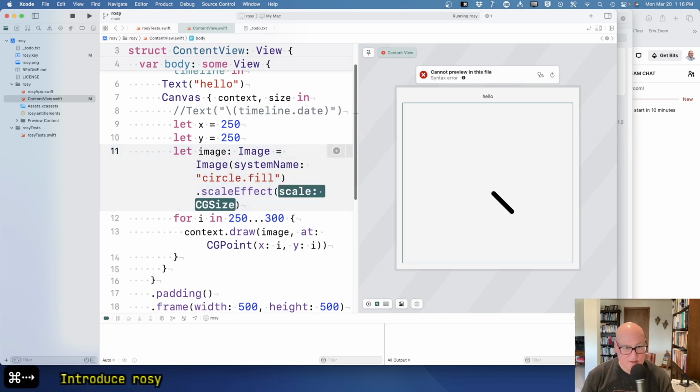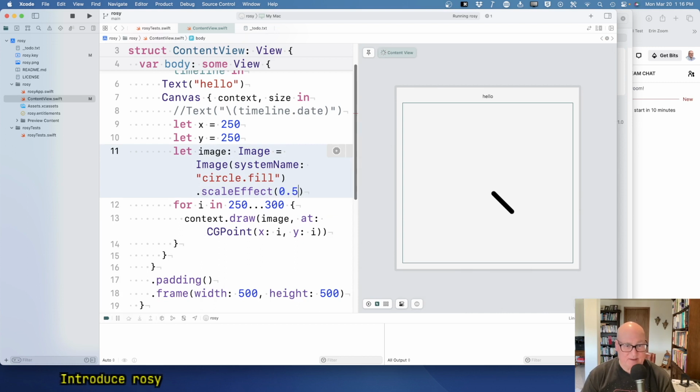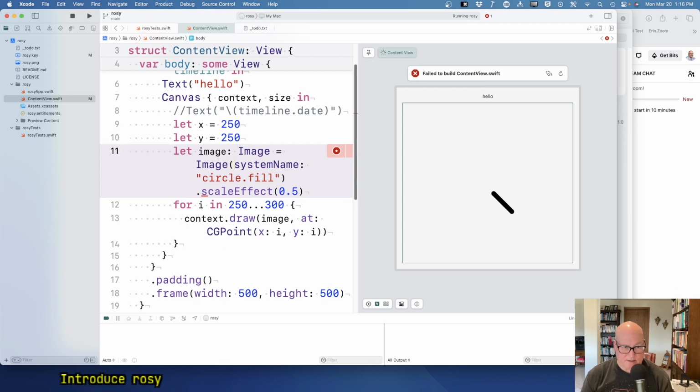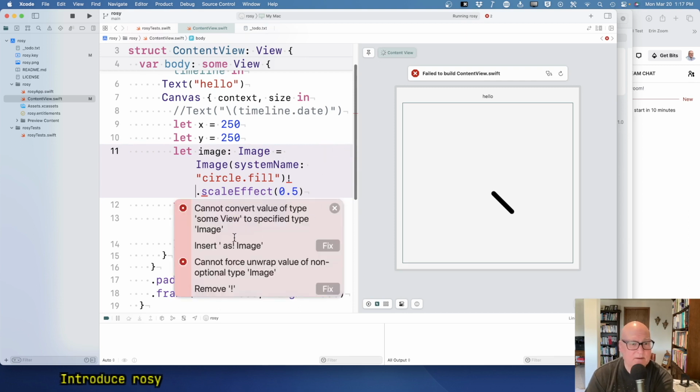I'm not sure why you're objecting to it. I might need the word scale there. No. Cannot convert value of some image. Oh, I guess. Okay. The deal is, theoretically, that lookup could fail, and we don't want that. No. Cannot convert image, some view to specified image.